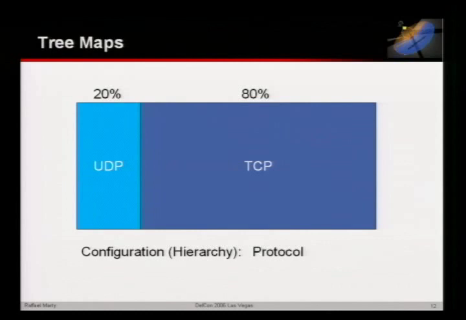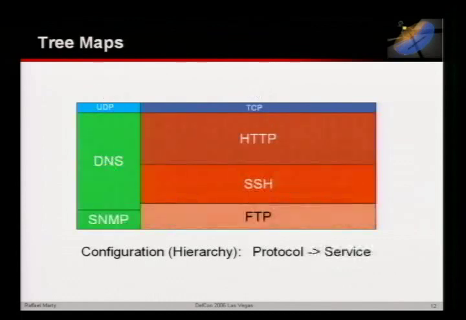Now, if I change the configuration to not just be the transport protocol, but I also want to see the service, this space is subdivided and the protocols are shown inside. So for UDP, you might see things like DNS or SNMP, and this is probably a ratio of 90 to 10.